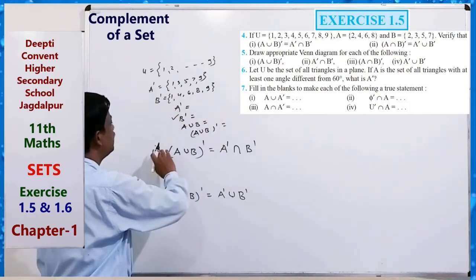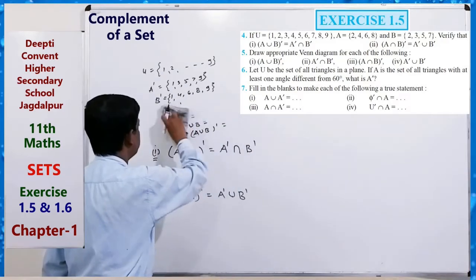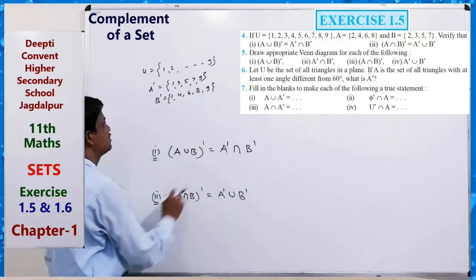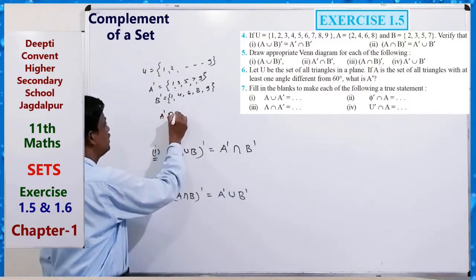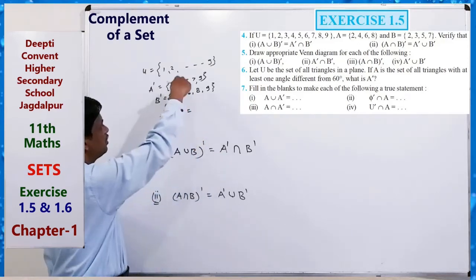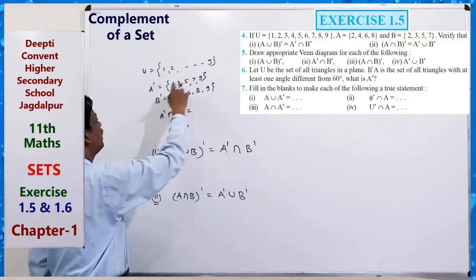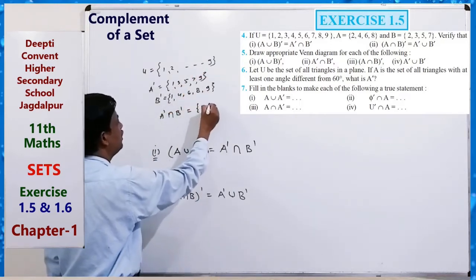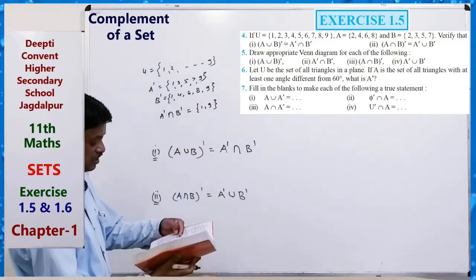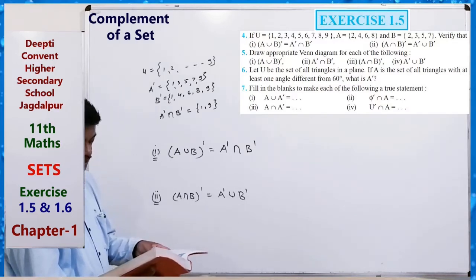Now, the intersection of these two. We have to write A dash intersection B dash. The common elements of this: which are the common elements here? 1 and 9. Also we can find the union of A and B. Union of A and B, what? 2, 4, 6, 8 and 2, 3, 5, 7.